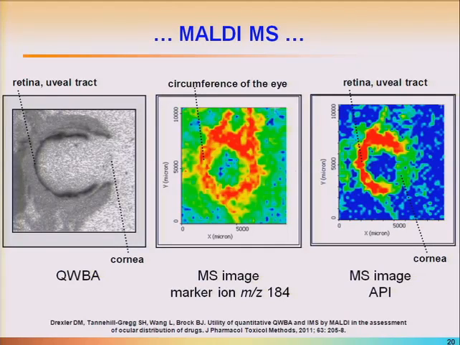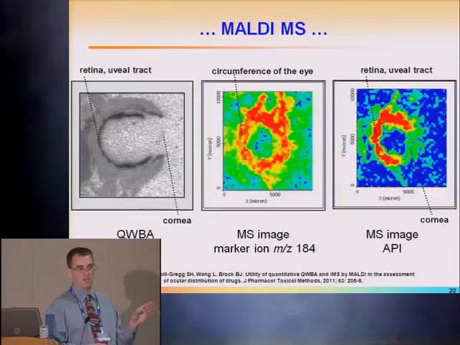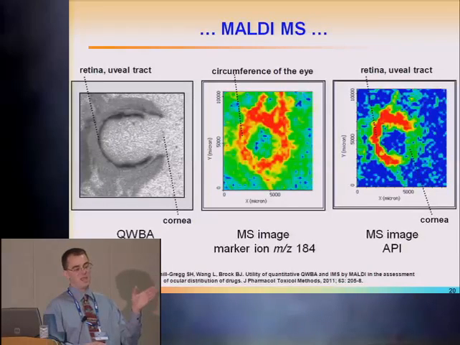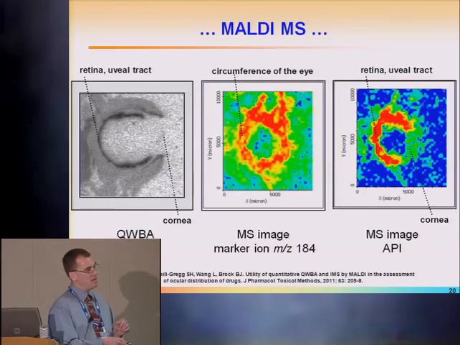You can see the compound accumulates in the retina and uveal tract, and it appears there's nothing in the cornea. The problem is with the 14C label, it depends where you put it, and if there are some metabolites circulating or forming, they might or might not have the 14C label. So there might be a metabolite without the label.